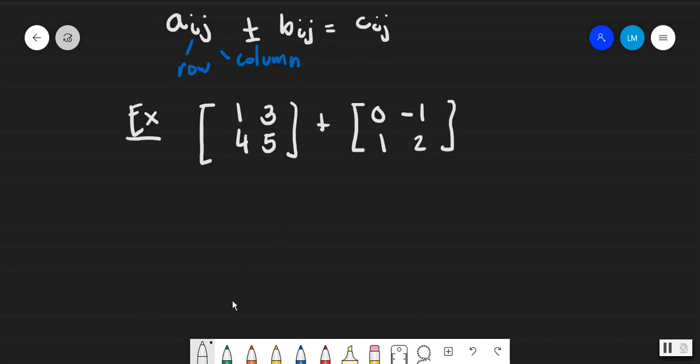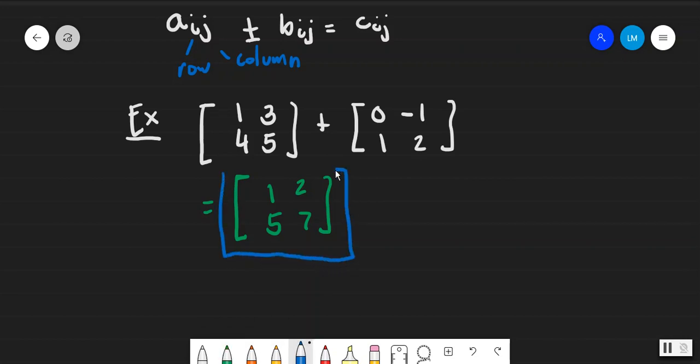Well, if we add these two, we just need to make sure that the dimensions are the same, which they are. So this is going to be 1, 5, 7, and then we have a 2. So this is the matrix that we end up with, which there's not really much to it, and it shouldn't be a surprise that this matrix is a 2 by 2.